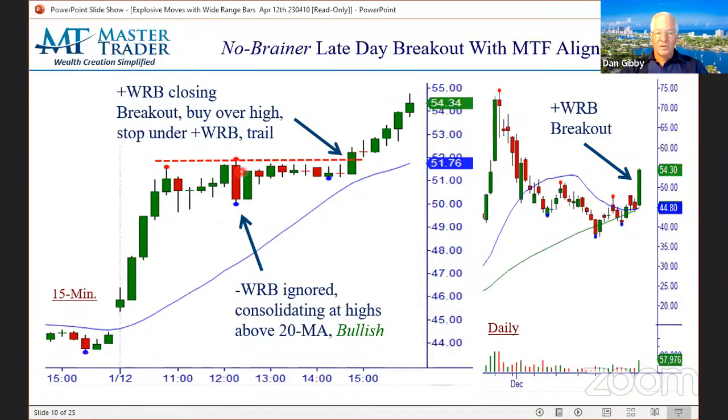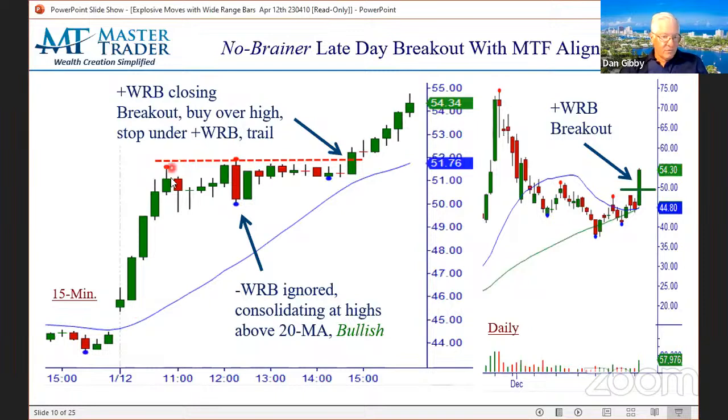And then it had bullish consolidation into the afternoon reversal periods, closing breakout, wide range breakout on the daily with a price void. This is what we call a no-brainer late day breakout. Buy over the high of this bar, stop under the low of that. Even though I wouldn't call this one, Greg, a wide range bar, right?